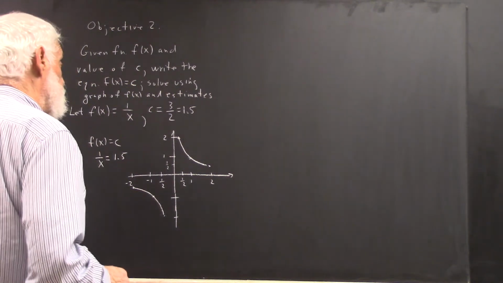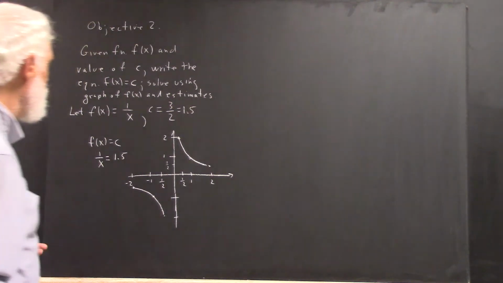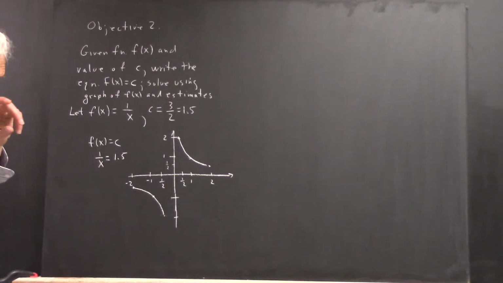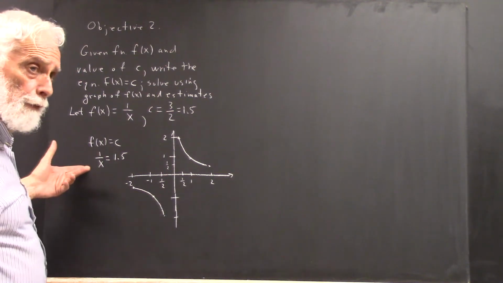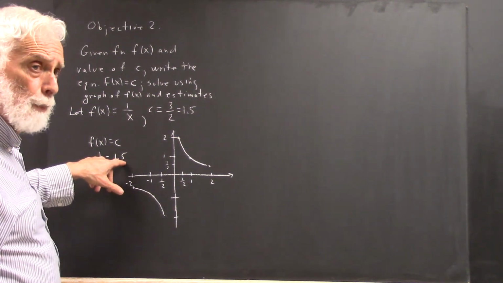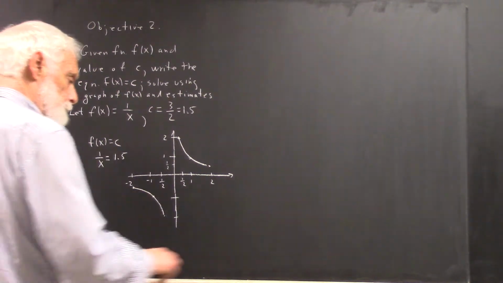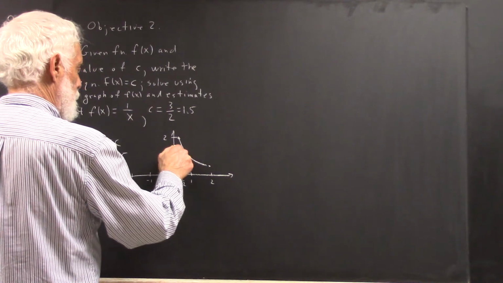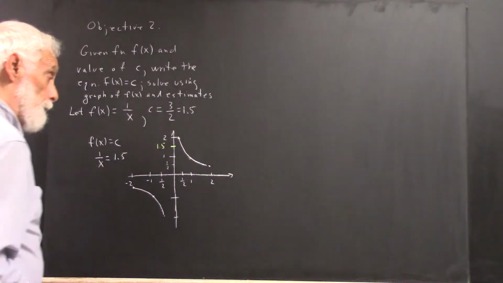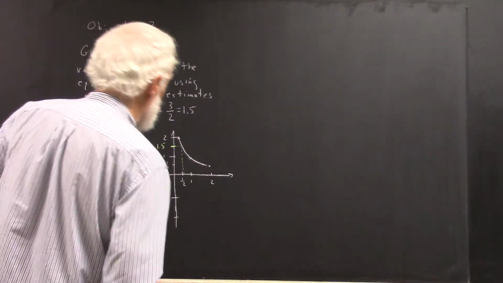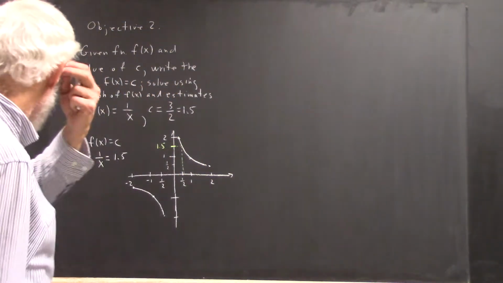and make an estimate. Okay, so our equation is 1 over x equals 1.5. The value of the function is your y value. So you want to find the x that makes your y value 1.5. Well, what you do is you say, okay, here's 1.5. Let's come over here and come back down here, and we see, yeah, kind of lucked out because I'm kind of close.